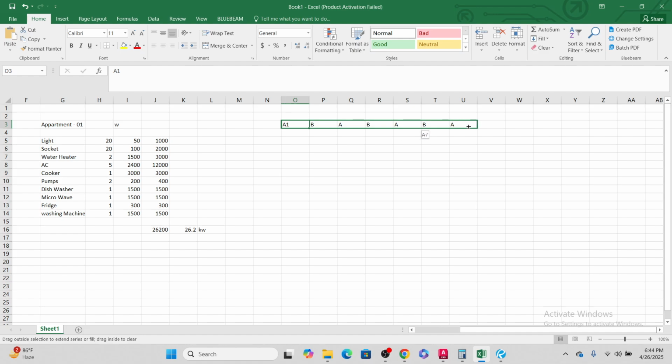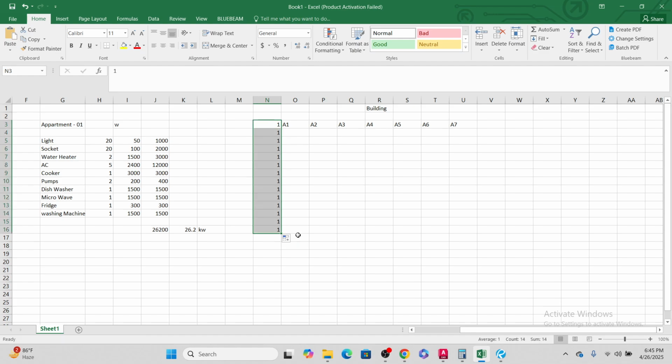Let's go apartment A1. I have 7 apartments. So let's consider this one building. I have 7 apartments by 10 floors. Consider that one, no need to go bigger. So copy this one here.